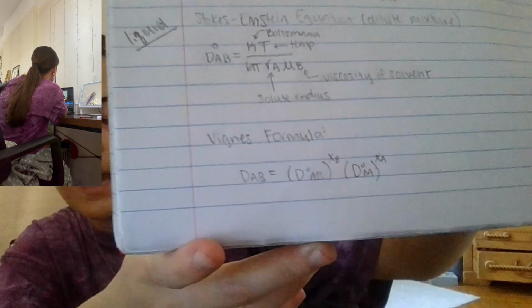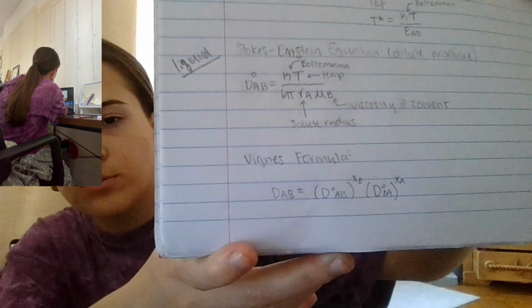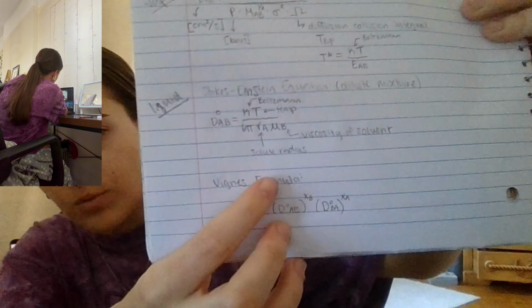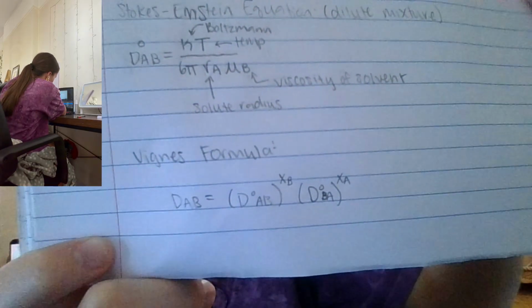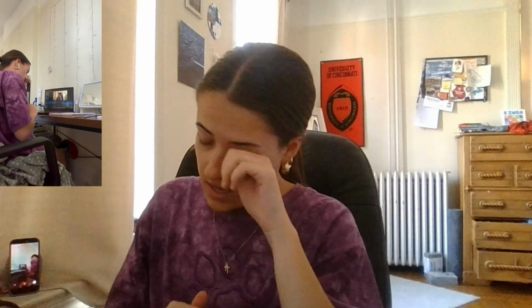When you're looking at A being diffused within B, you need to raise that to the power of the composition of B, and then vice versa for when B is being dissolved in A, you have to raise that to the composition of A for the entire system. And so that is our Vignier's formula, and it shows how it relates to the Stokes-Einstein equation.